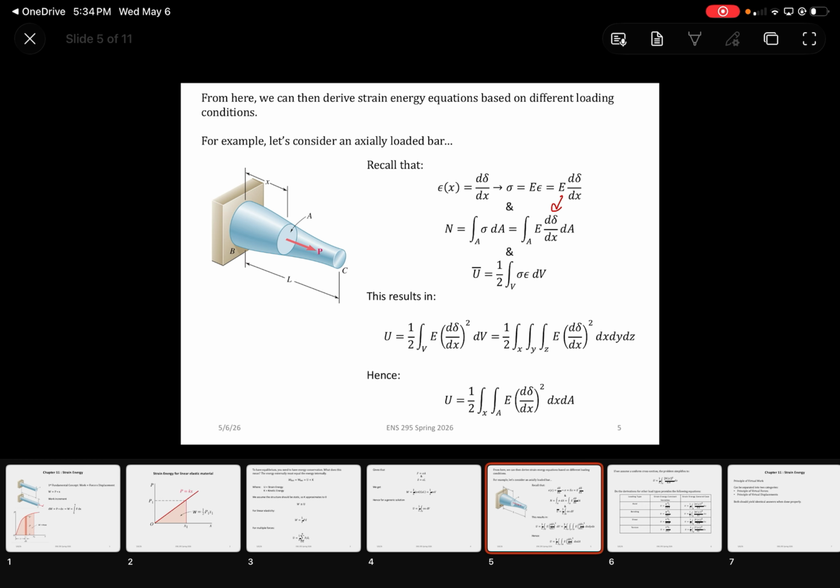And then lastly, we can throw everything into the stress and strain equation.